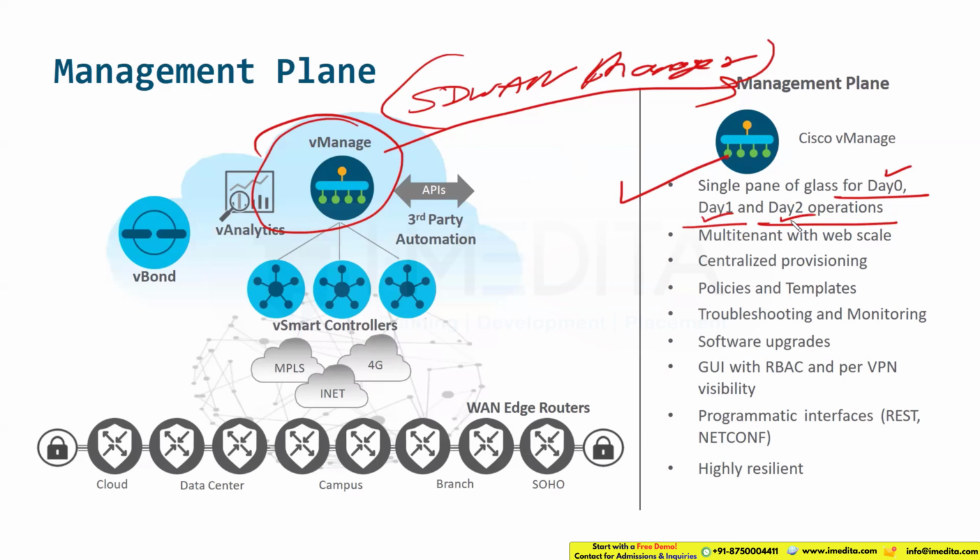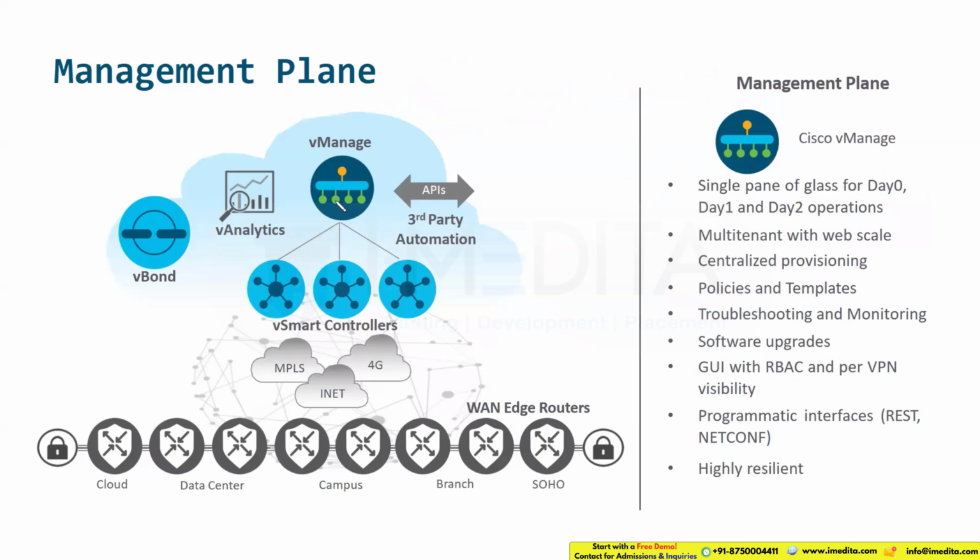So you can do everything from vManage. Not only can you create the design, but you can also make configuration changes, do monitoring and troubleshooting. Even software upgrades can be performed from vManage. That is why we call it a single pane of glass. Now remember, vManage requires a lot of hardware resources.